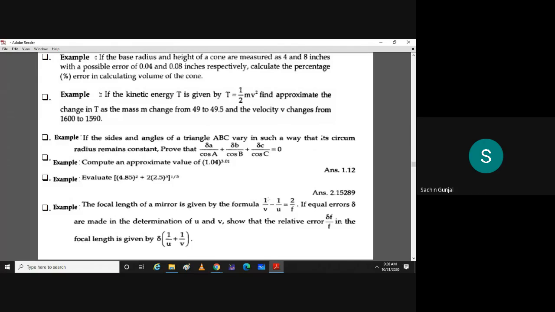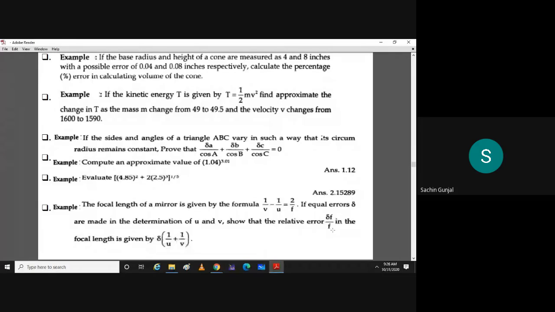Let me tell you, for such an example, you are going to differentiate directly. See, what you want is df upon f in the picture, dv by v, du by u, right? Because that is given to you. Error is delta in u and v, and you want the relative error df by f.